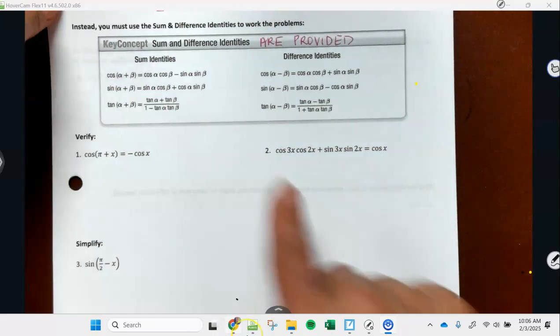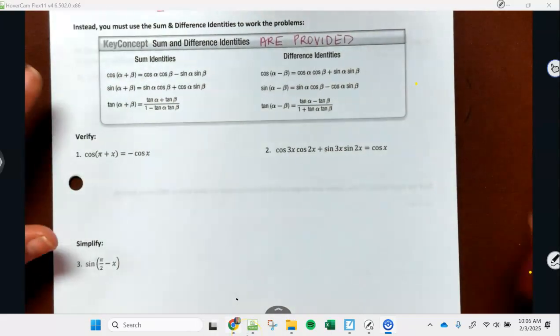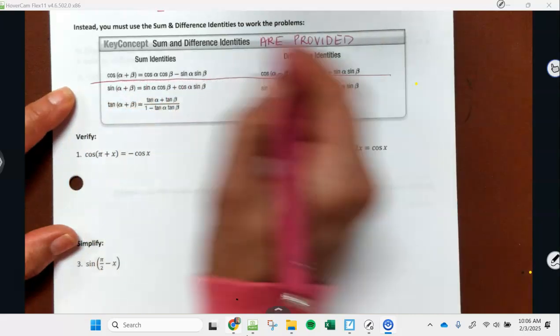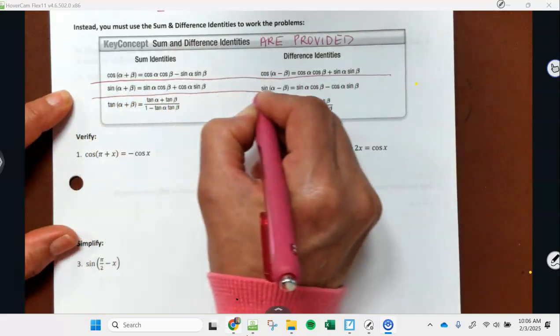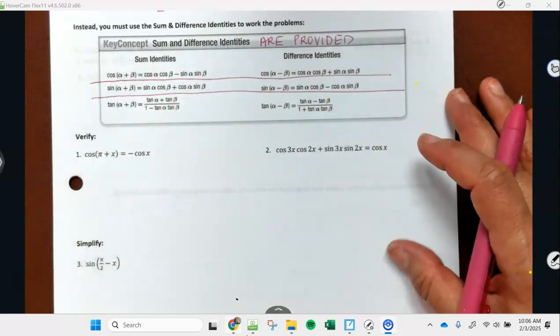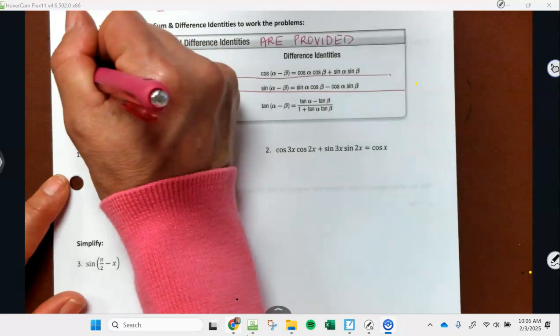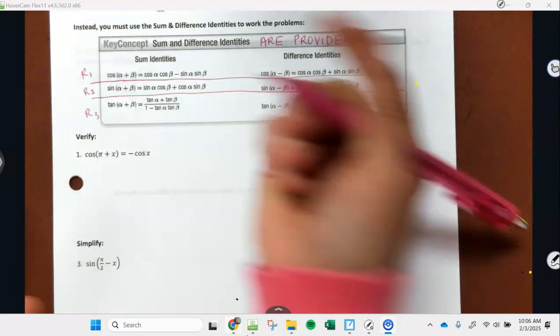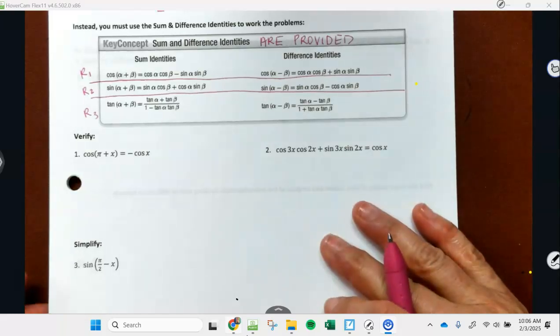So just make sure you remember, guys, this is going to be row 1. This middle row is row 2. And then, of course, the tangent is row 3. So I'm just going to be referring to these rows because it's about to be off my screen when I start doing my work. Row 1, row 2, row 3.